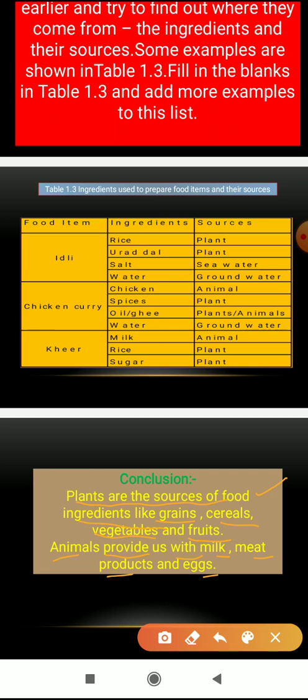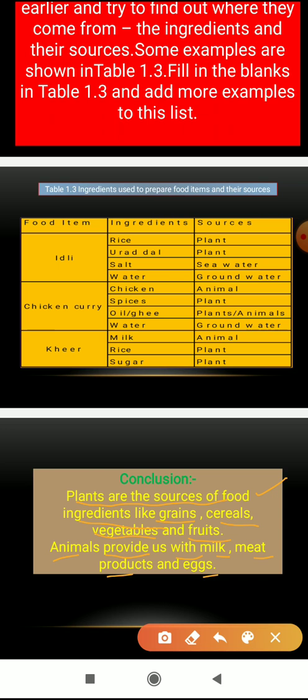We get milk from cows, goats and buffaloes, which are some common animals that give us milk. All over the world, milk and milk products like butter, cream, cheese and curd are used. You find out another example of an animal which gives us milk.